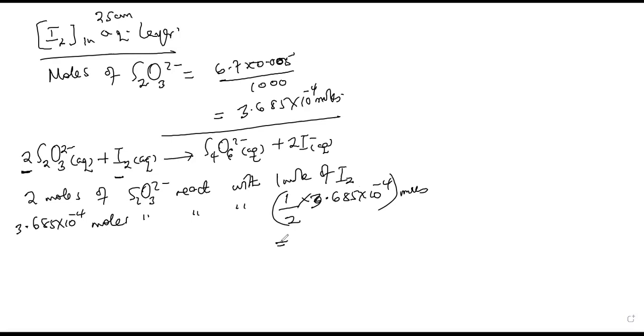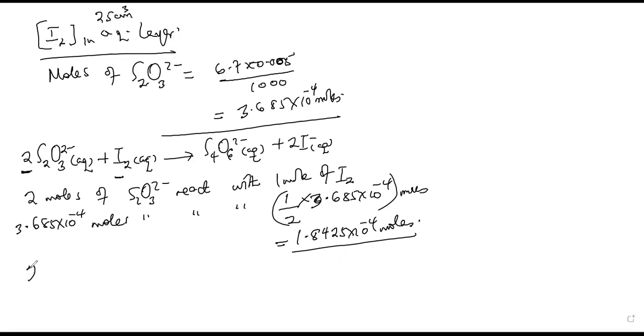And this gives us 1.8425 times 10 to the power -4 moles. So these are moles of iodine in the aqueous layer, meaning that 25 cubic centimeters of the aqueous layer contain these moles.